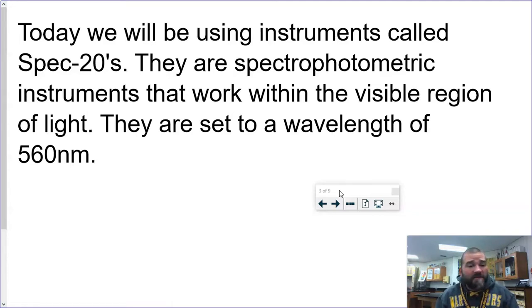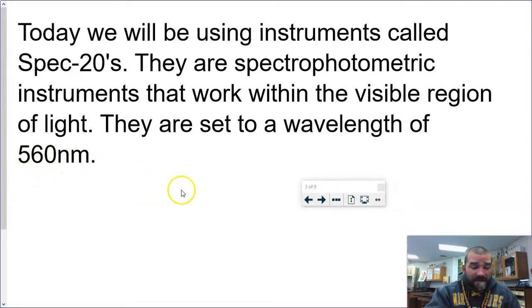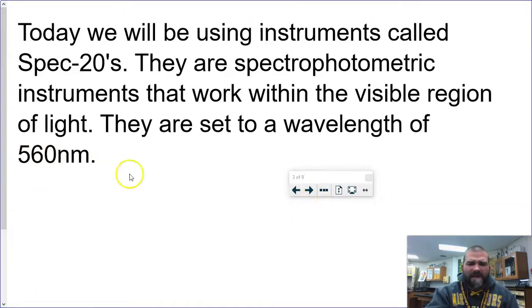So we're going to use 560 because it's in that sweet spot where we get a good reading of how much blue dye is there, but we're not going off the chart. If you looked up what color this wavelength is, it's actually green, but we're testing blue dye. If we used blue, it would be off the chart, so we have to use a slightly adjacent wavelength to make sure we get good readings.